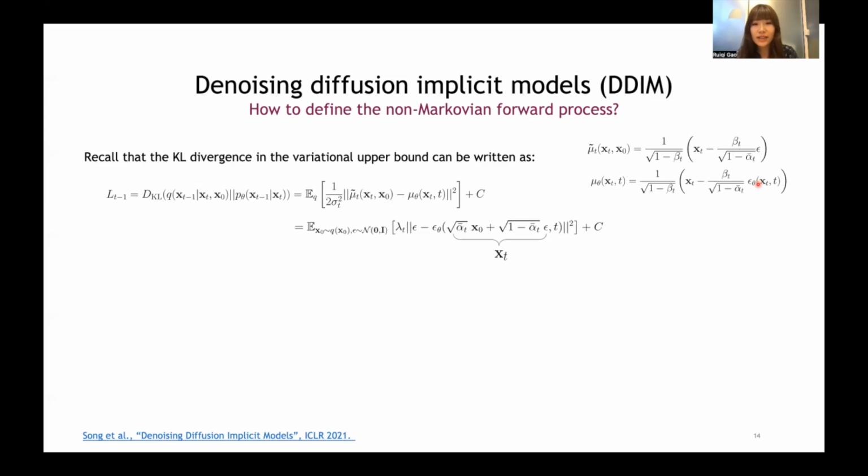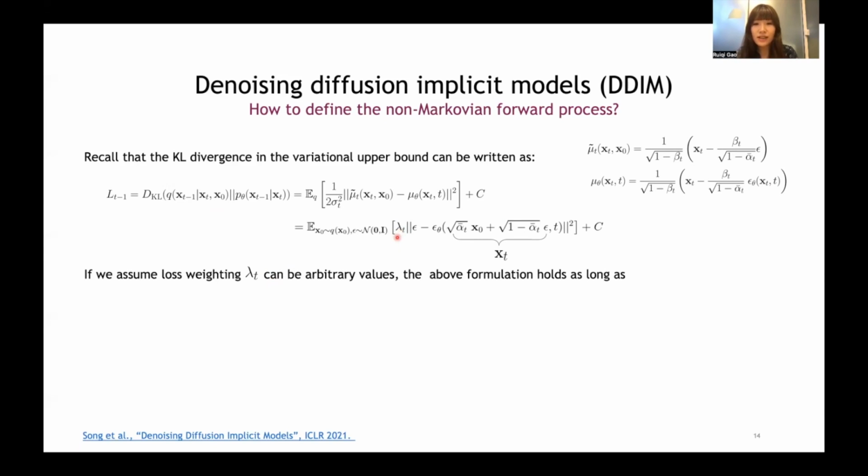So we can further write this KL divergence in the form of lambda_t times the L2 distance between the true noise epsilon and the predicted noise epsilon_theta by our diffusion models. And if we think about the derivation of this L_{t-1}, we can assume this lambda_t can be arbitrary values, because in the surrogate objective we simply set it to 1, right? So it doesn't matter what value this lambda_t is originally.